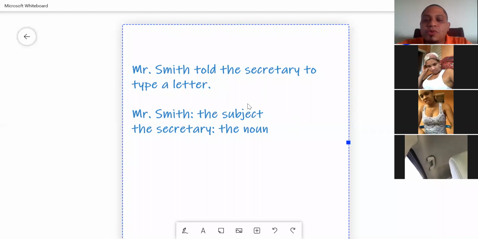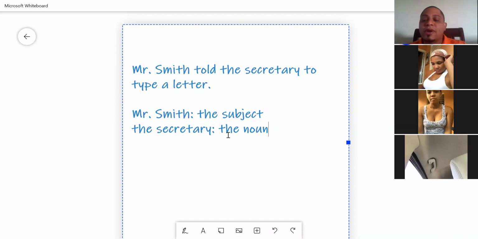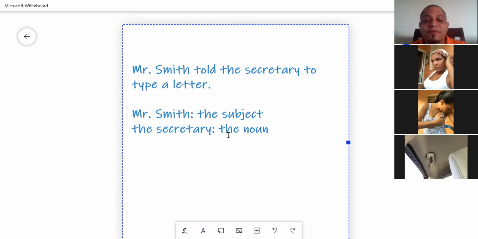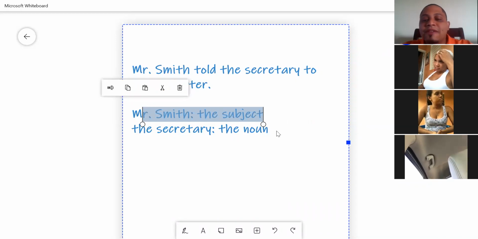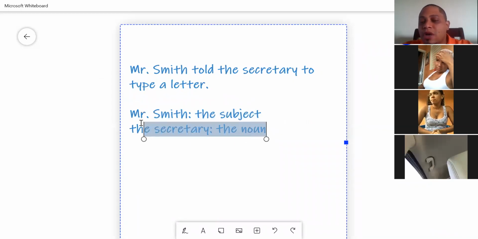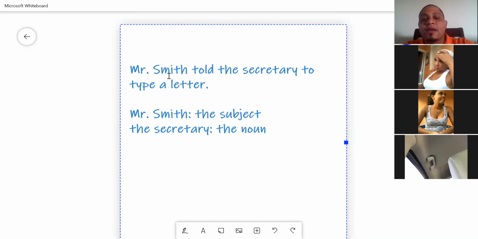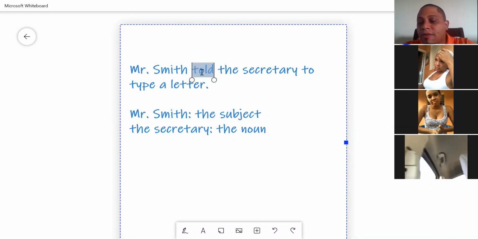So for you to use the verbs to express order, request, persuasion, or advice, you need to have these two elements in the sentence. You need to have a subject and you need to have a noun in the same sentence. That's right. Here, as you can see, we have a verb, which is to tell, right?